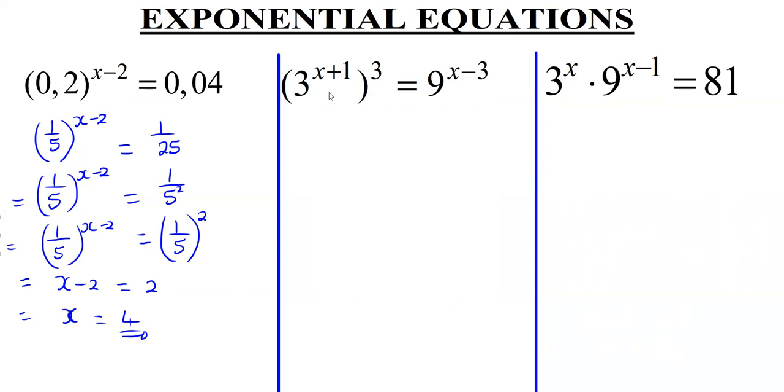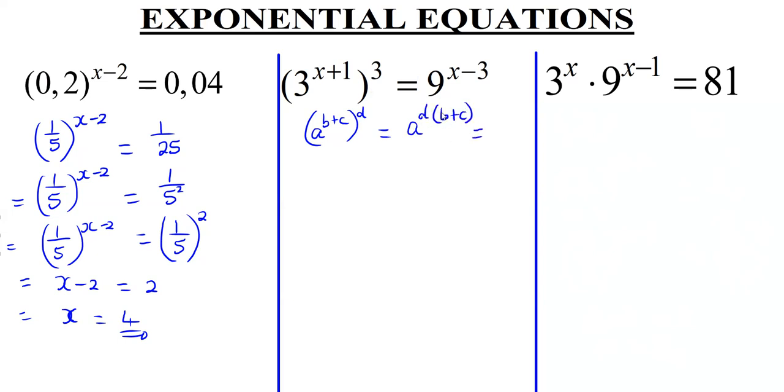Then here we have 3. You can see that we are having 3 to the power of 3x, just like that. But what do we do first here? We take the 3 inside. Let's remember the law: if we have a to the power of d times (b plus c), this is going to be equal to a to the power of (db plus dc).